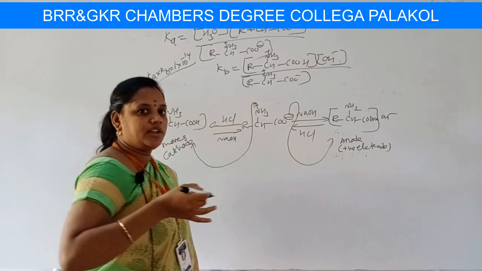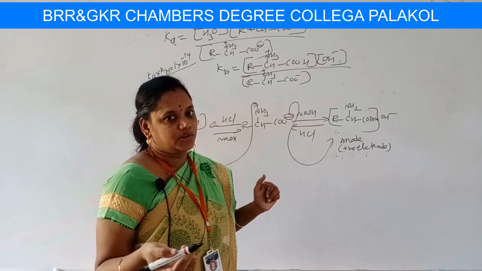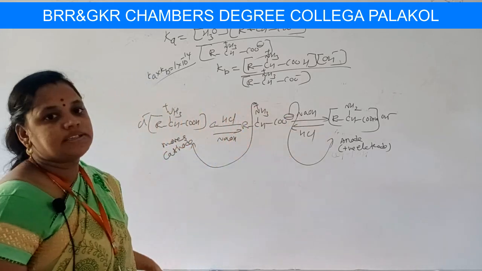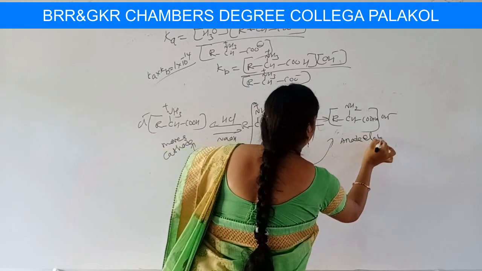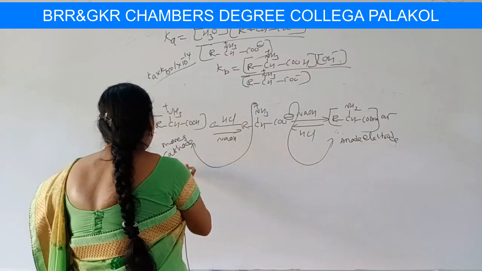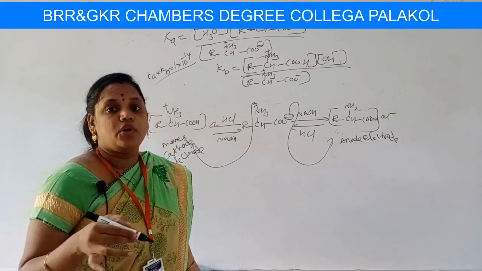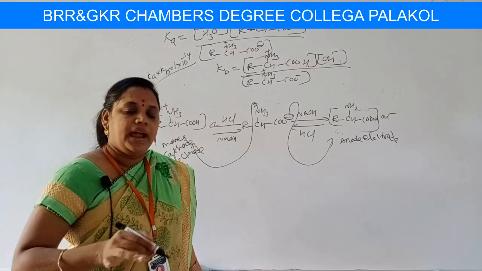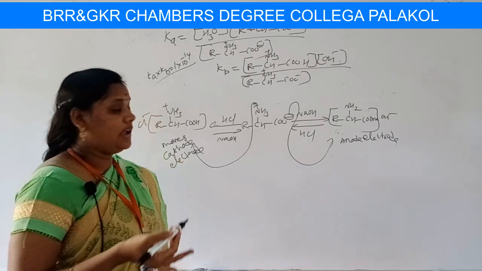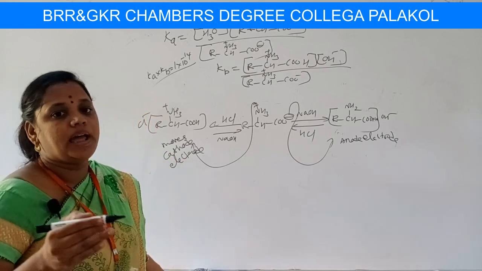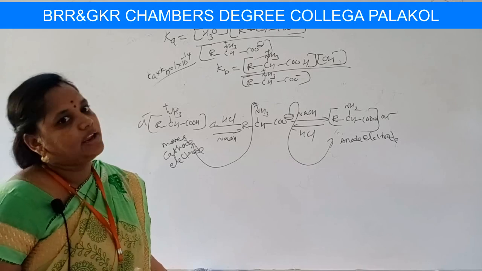So the ions are migrating, the word migration is correct, towards the electrodes. This also confirms the dipolar nature of amino acid, and it also confirms that amino acid is a Zwitterion. This is about the dipolar nature, or why we call amino acids Zwitterions.